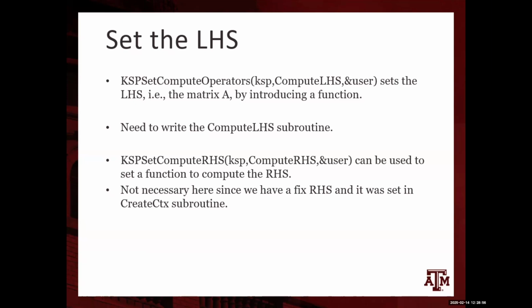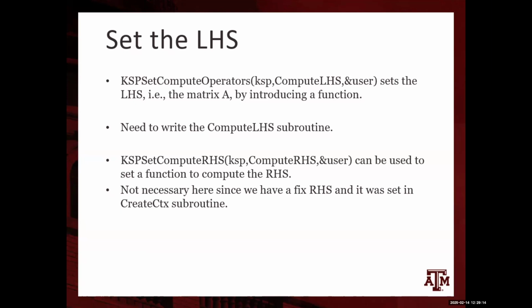Now, this is kind of just a repeat. KSP set compute operators sets the left-hand side of our operator matrix A. We need to start writing the compute left-hand side subroutine.